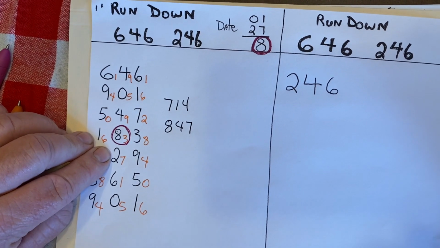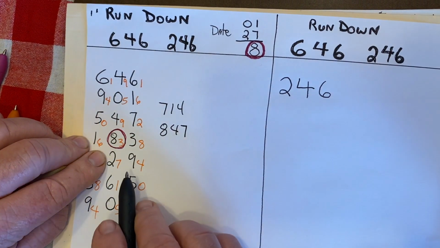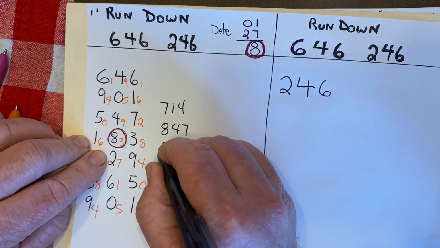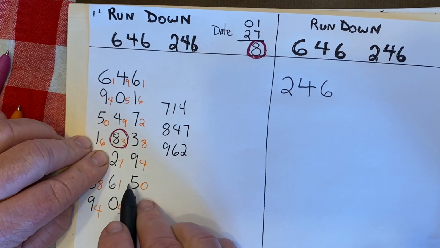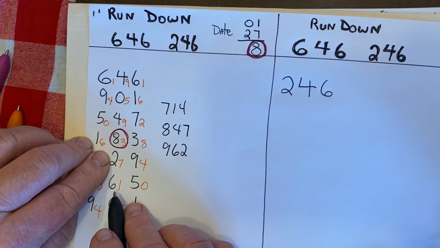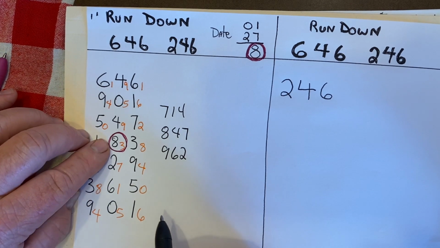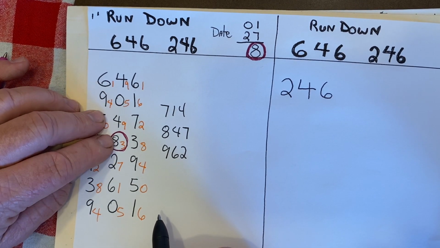The next one will be 962. Oh, these are non-mirror numbers. The next one will be an 829.